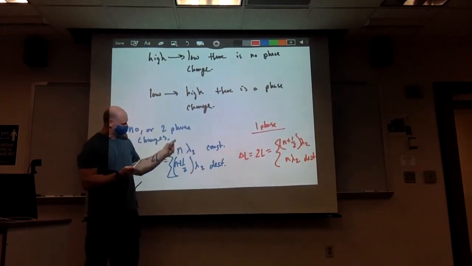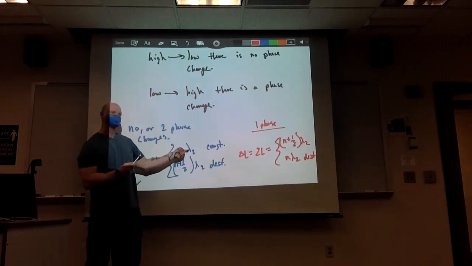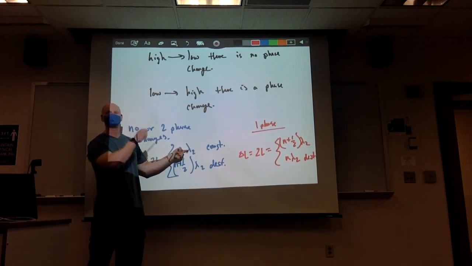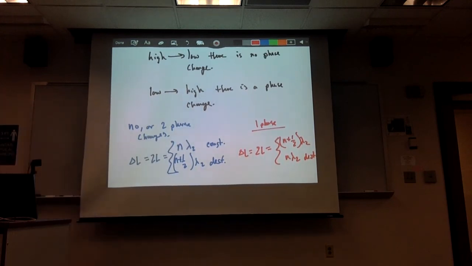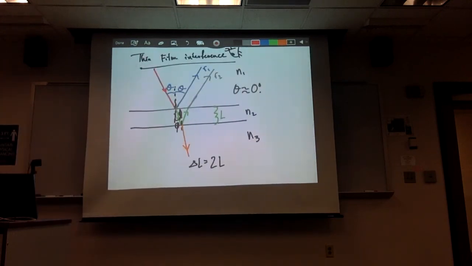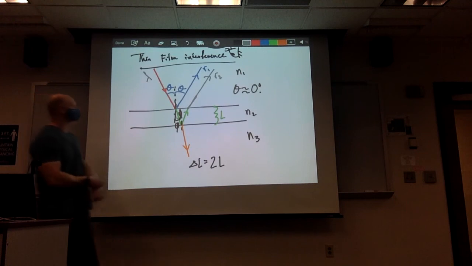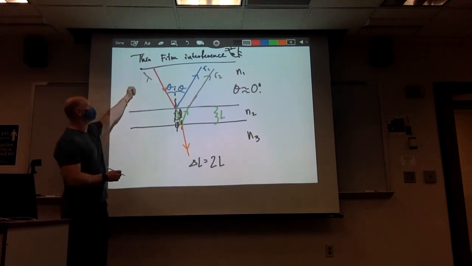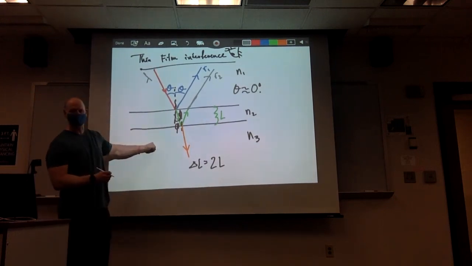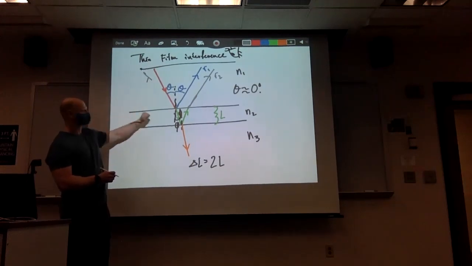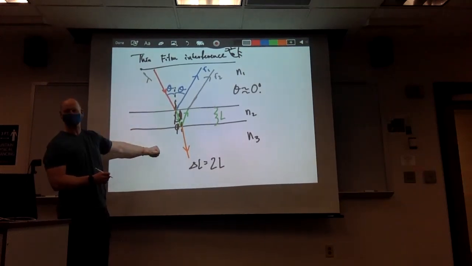Now, one other thing to point out here. Notice that this wavelength here isn't the original incoming wavelength, but it's the wavelength of the light while it's in the second medium. So why is that? Initially, this light is coming in with some initial wavelength. Remember when we talked about waves a long time ago, the frequency in each medium stays exactly the same, which means the frequency here is the same as the frequency here, which is the same as the frequency here.